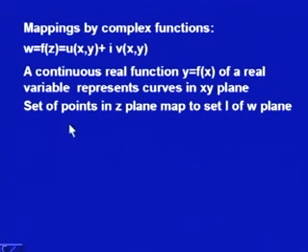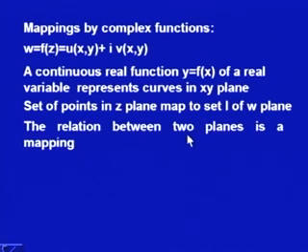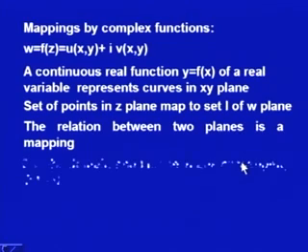So, let us consider the set S of points in z plane, they will map to an image I of w plane. So, if the set of points lie on a curve, then how the mapping will be done, or what is the relationship between two sets in two different planes.